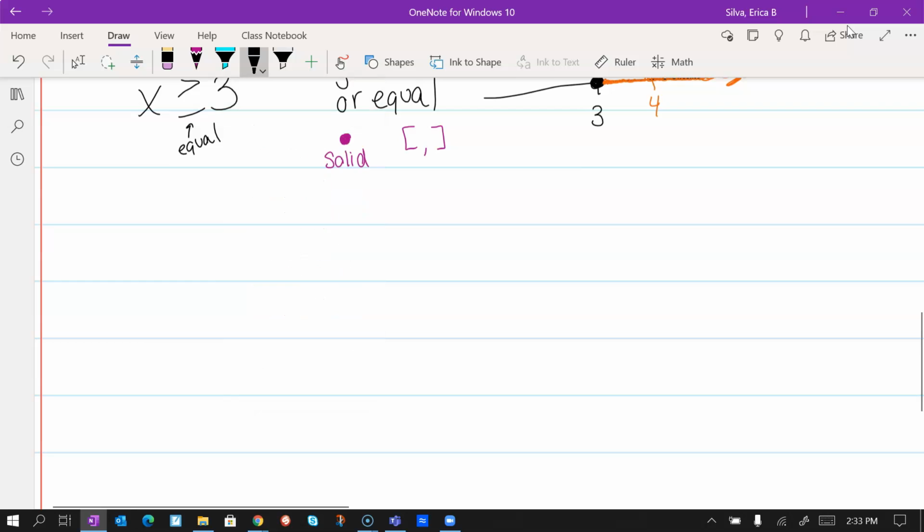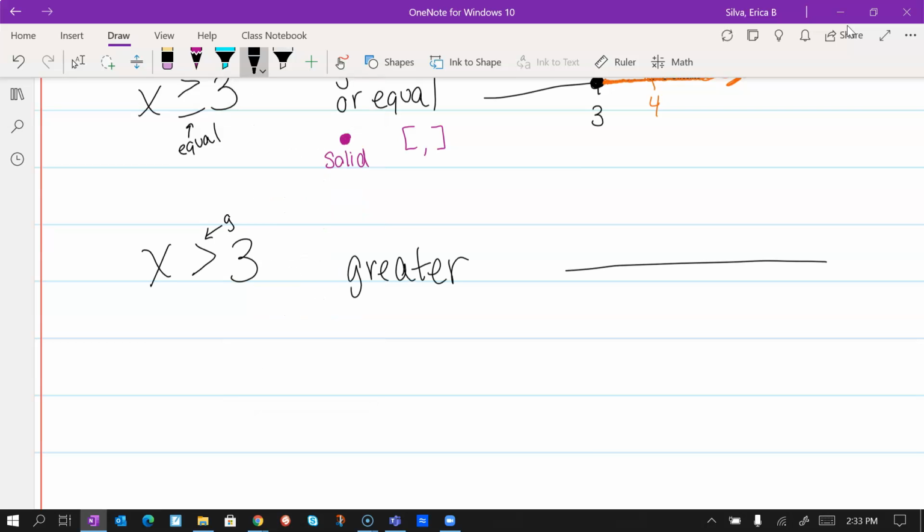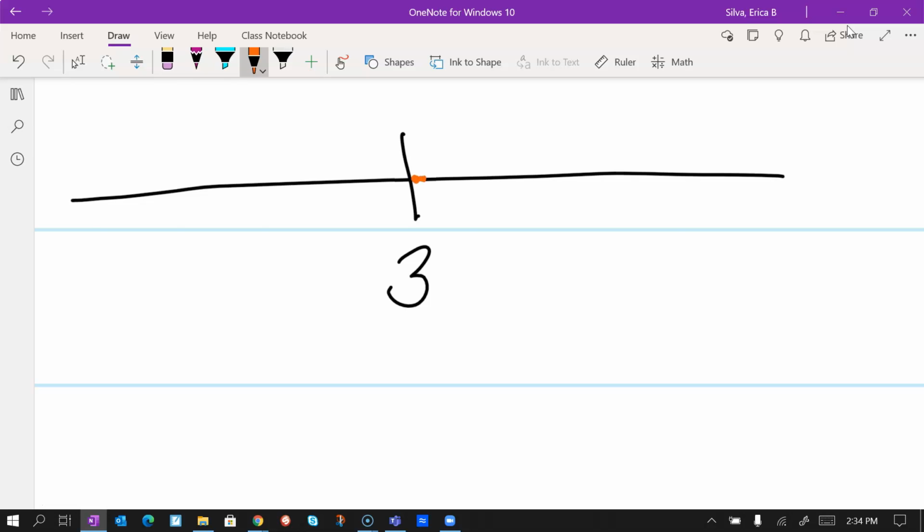Then we have x is strictly greater than 3. And here's my greater sign. And notice how there is no equal sign, so it's not equal to 3. So on my number line, here's 3, and we can say that it's 3.1, 3.2, 3.3, and anything that is greater than 3.